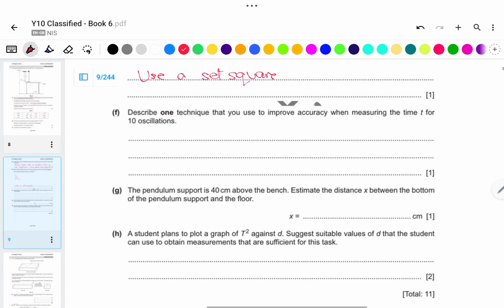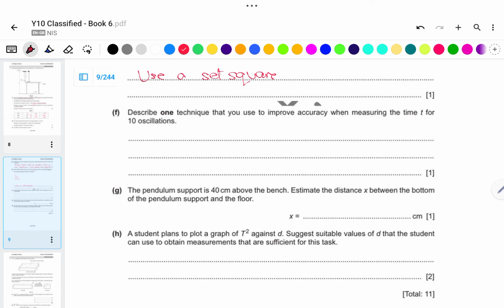Describe one technique that you use to improve accuracy when measuring the time t for 10 oscillations. This one is easy. Some students would like to write that they're going to use a fiducial point and counting when the pendulum passes the vertical, or they will start counting from 0.